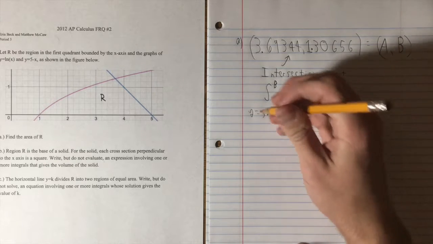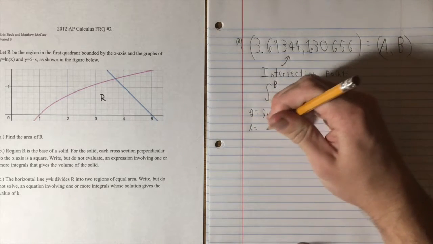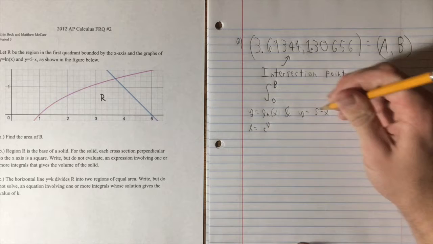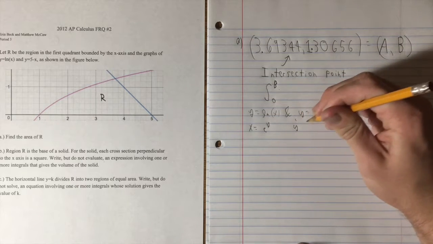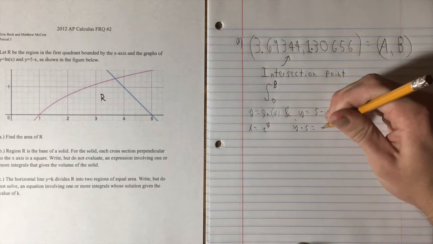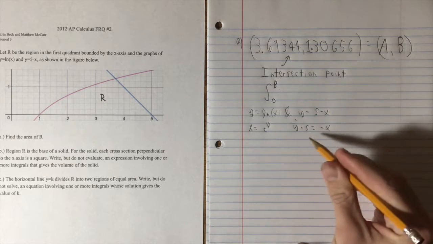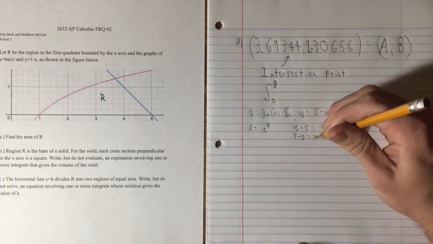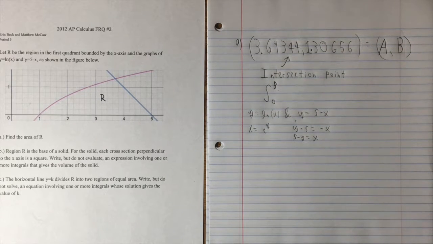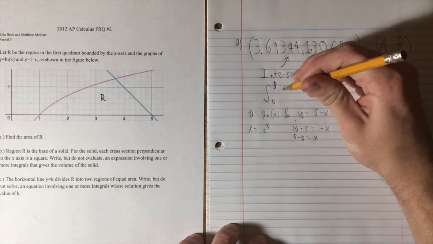Here we'll e both sides, and we'll say x equals e to the y. And over here we can subtract 5, which gives y minus 5 equals negative x. Then we multiply the whole thing by negative 1, which gives us 5 minus y equals x.